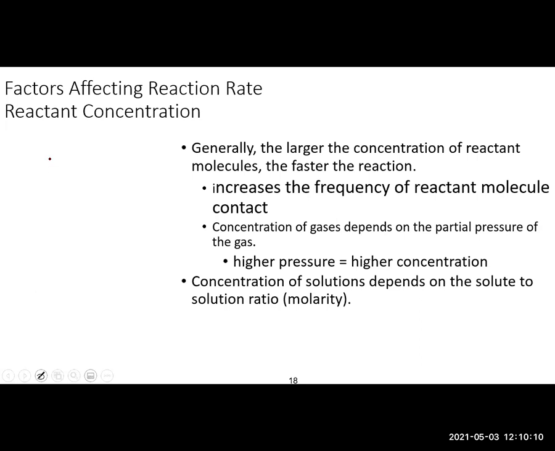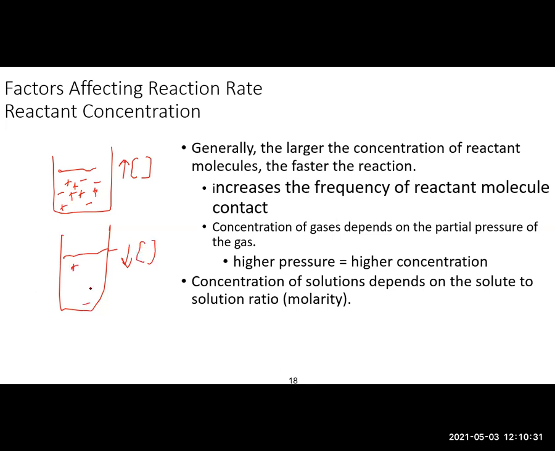In a really high concentration, you have a lot of things floating around, all over the place, ready to go. With a much lower concentration, they're more sparse, and it's going to take longer for them to come together, whereas here they could just turn their head and they're basically ready to react.